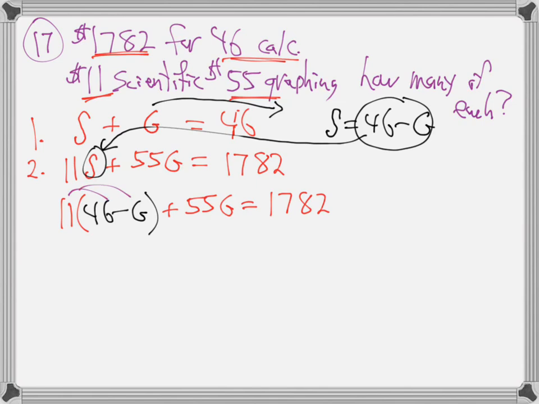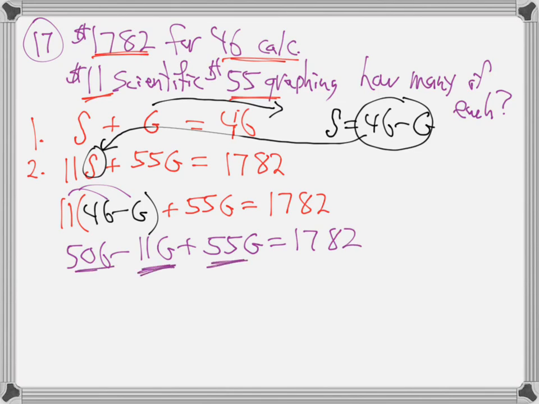What's that? 506 minus 11G plus 55G equals 1782. And then minus 11G plus 55G is plus 44G.